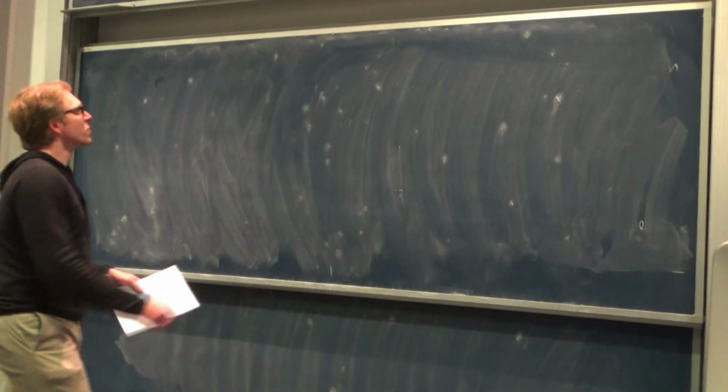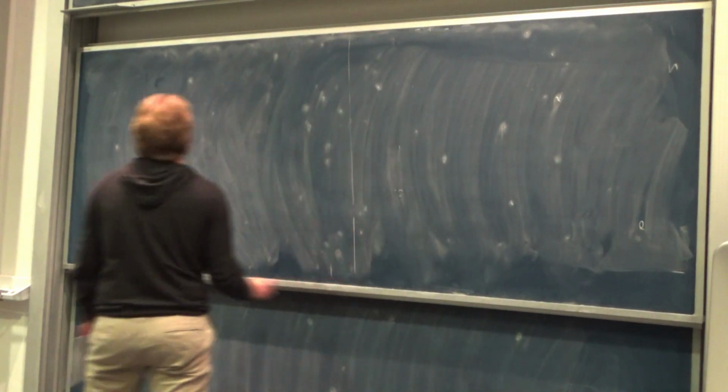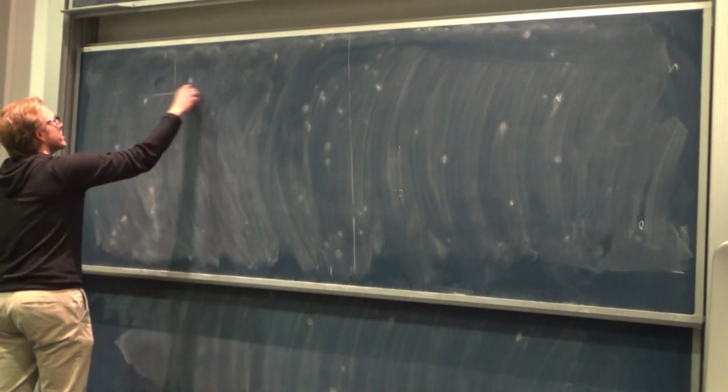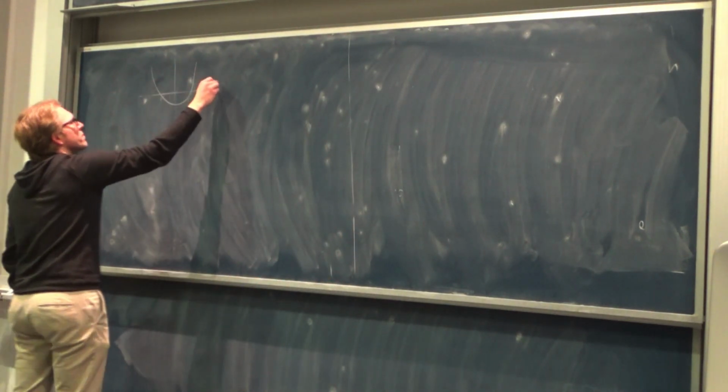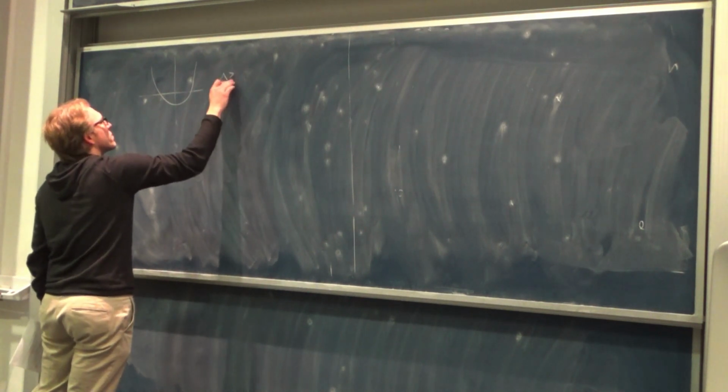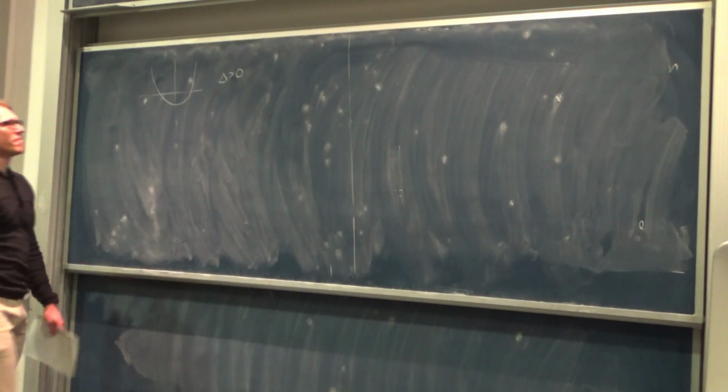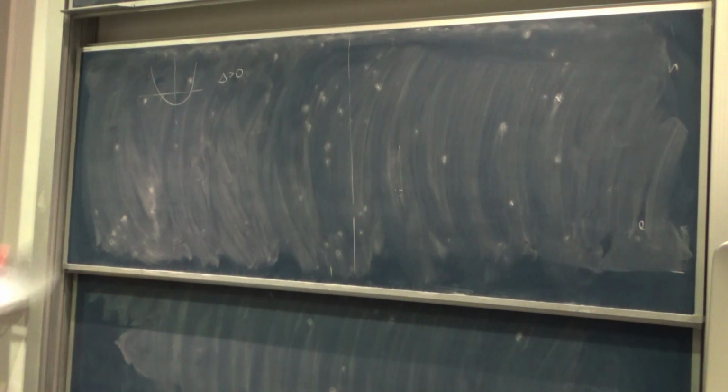Because if it was greater than 0, it would look like this. It's possible that the discriminant is negative. That would just mean that quantity is never 0. That's okay. We're not talking about complex roots or anything.